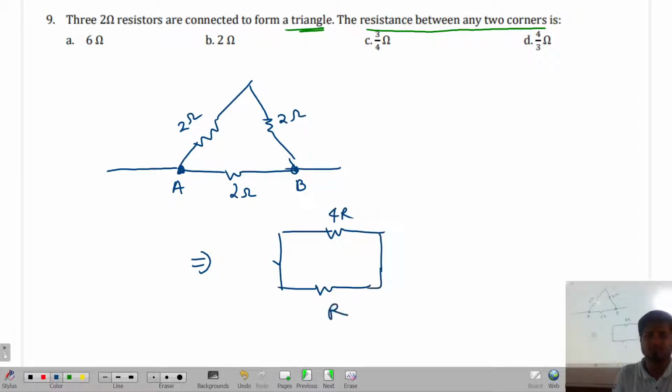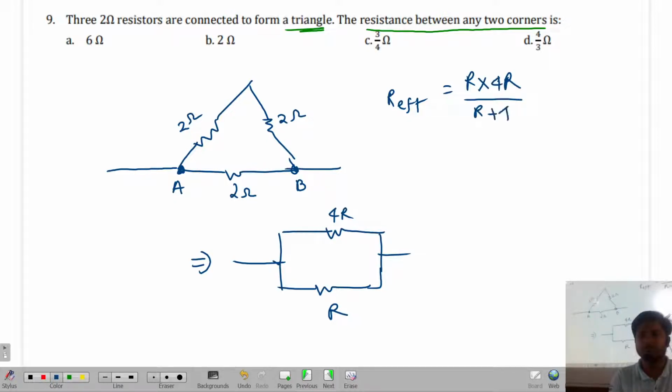And this other one is R. So can you calculate the effective resistance? R effective will be R into 4R divided by R plus 4R.